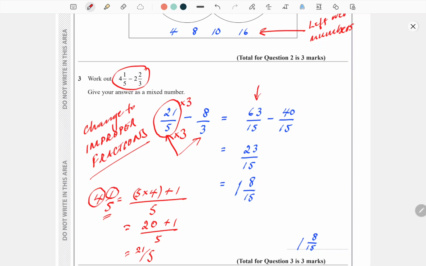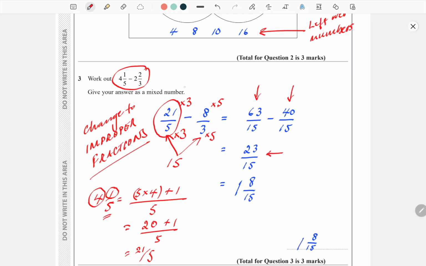That's where we get the 63 over 15. On the other side, you're multiplying the 8 over 3, top and bottom, by 5, right? That gets us the 40 over 15. So now we have the same common denominator, 15. Then it's a straightforward subtraction, 63 minus 40 over 15, which is 23 over 15.